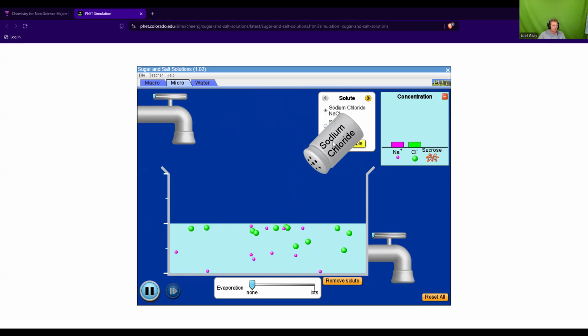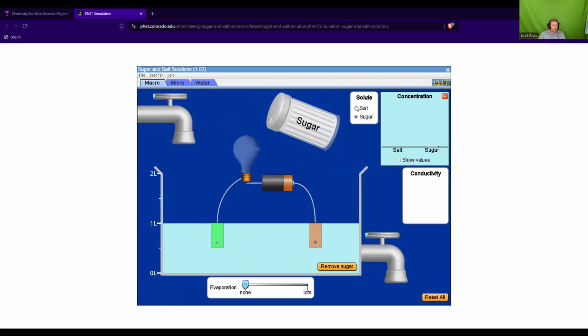So I'll add more. And that's effectively what's happening at the microscopic level. At the macro level, we're seeing salt. And even though there's already sugar in here, as soon as I add salt, all of a sudden the light begins to turn on because salt can conduct electricity.